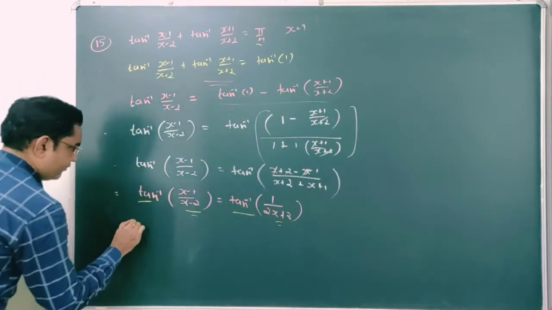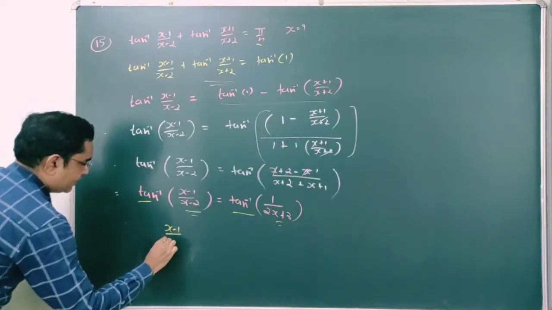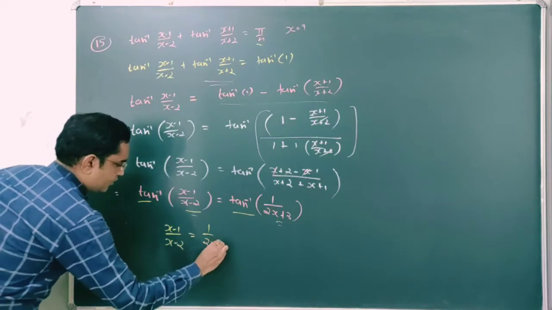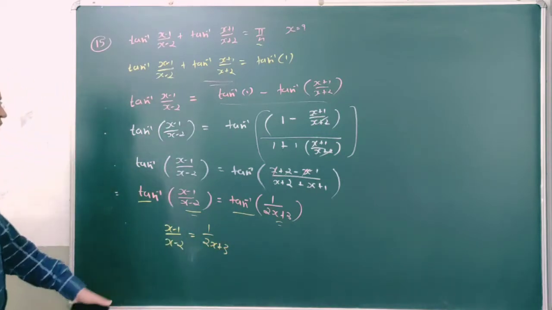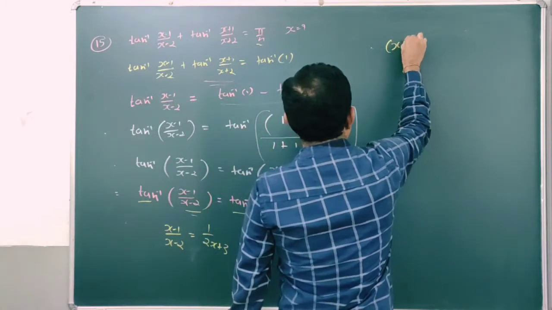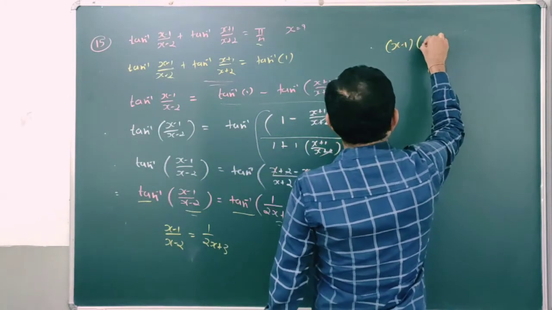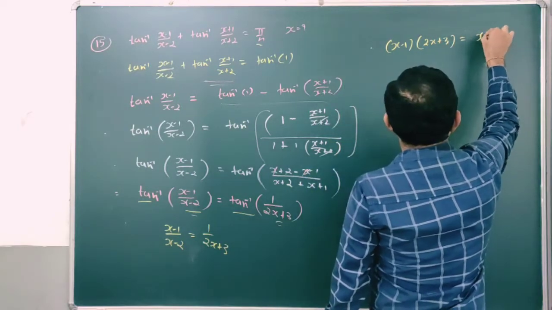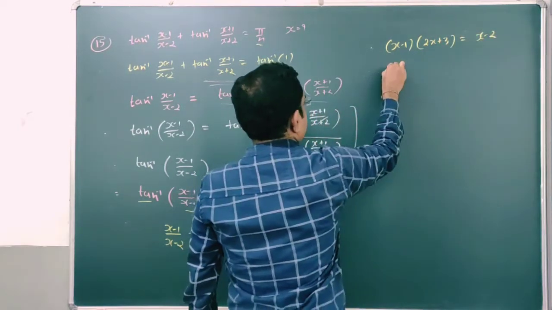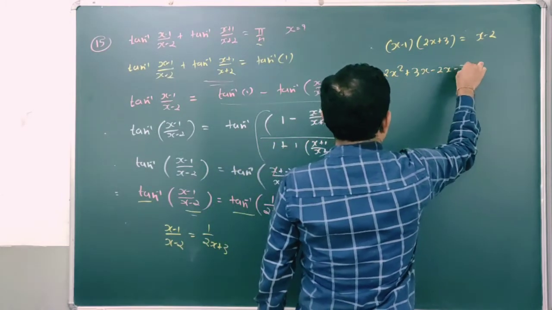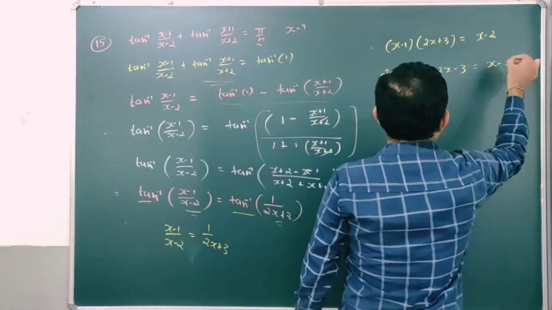Now these both inverse trigonometric ratios are equal, so we can compare these both the angles, and therefore we can write x minus 1 upon x minus 2 is equal to 1 upon 2x plus 3. So now we have to solve this equation. So perform cross multiplication. So this will be x minus 1 into 2x plus 3 is equal to x minus 2. Now expansion, so it will be 2x square plus 3x minus 2x minus 3 equal to x minus 2.